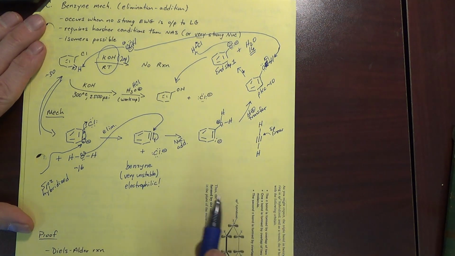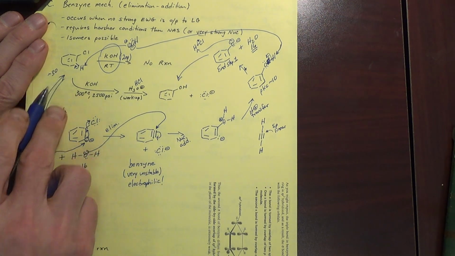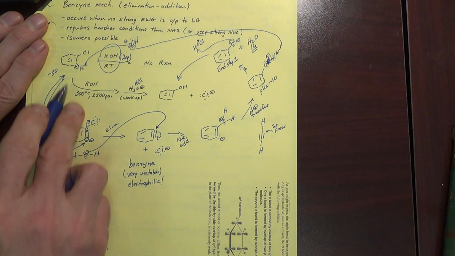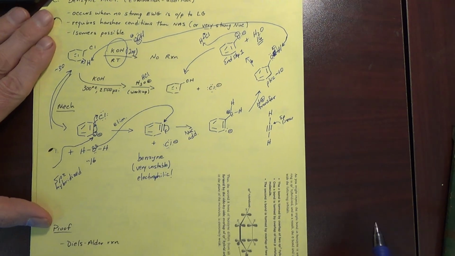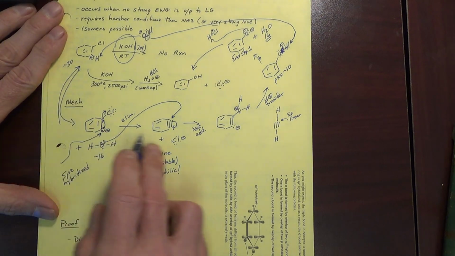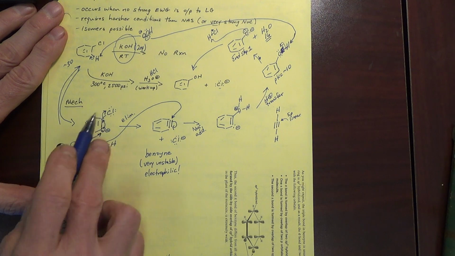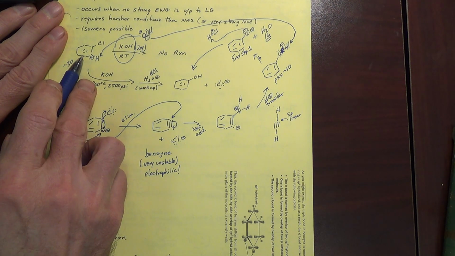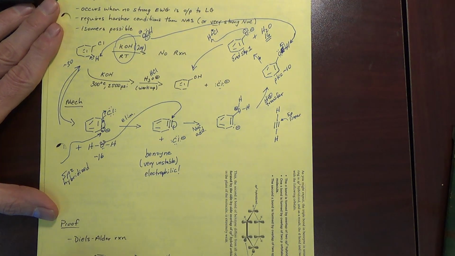Why does this reaction take so much heat or pressure? It's because one of these steps over here is very difficult. Now, this varies. Sometimes folks will not show this intermediate. They'll go directly to the alkyne by doing like an E2 elimination.